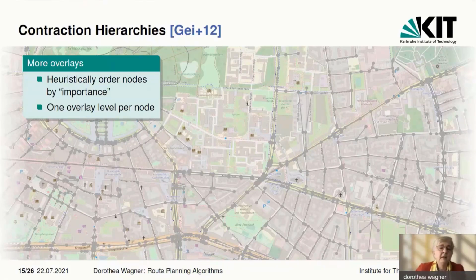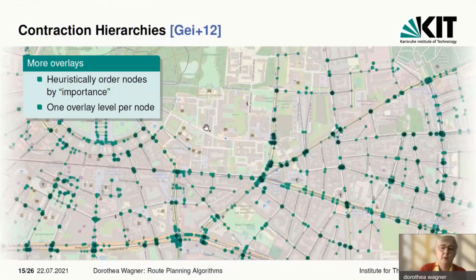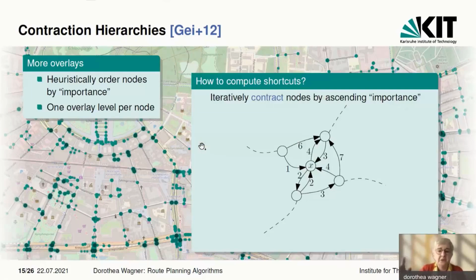And then construct a contraction hierarchy by, well, constructing one overlay level per node. So in this example, these nodes are somehow ordered by importance, and then these overlays are constructed by contraction.